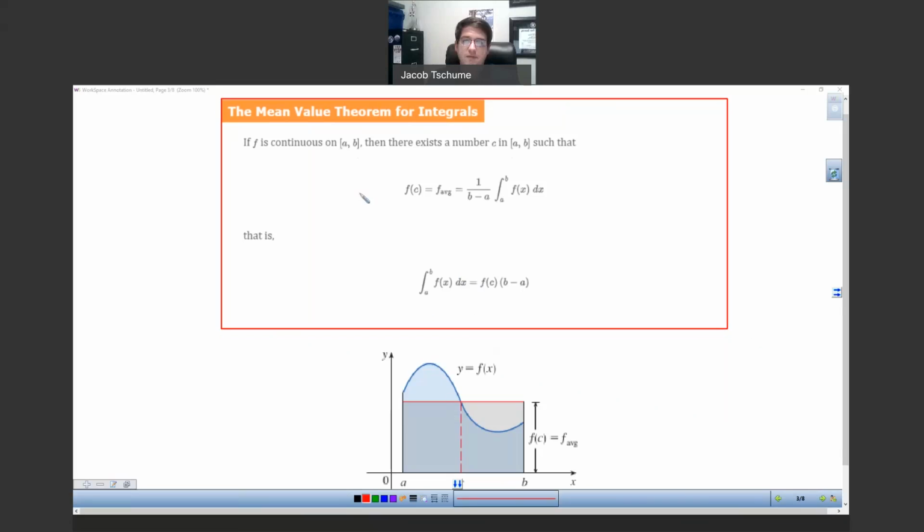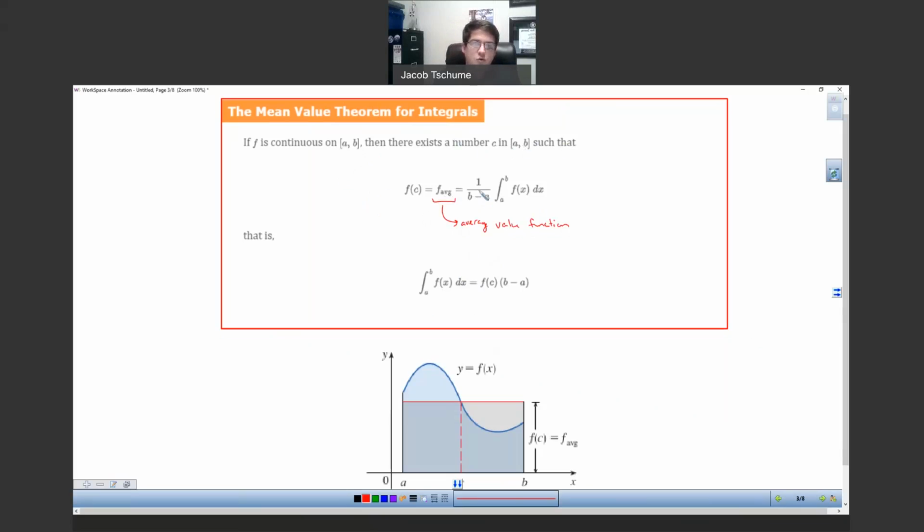So if f is a continuous function on a closed interval a to b, then there has to exist a number c in the interval a to b such that f of c equals the average value function. This f sub avg is what we call the average value function. The average value function can be found by the following.